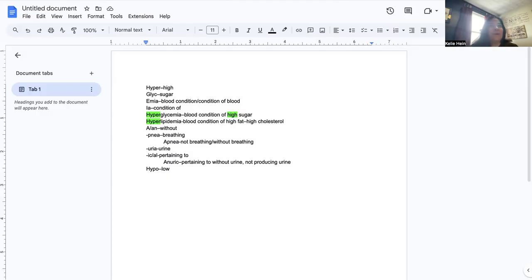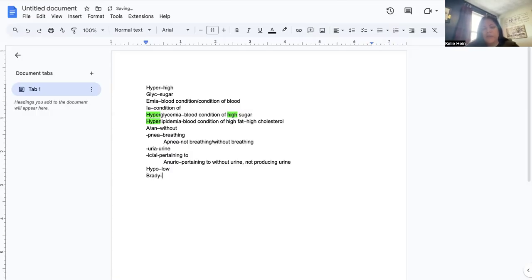So hyper, you give your kids high sugar, they have high energy, right? Hyper is high. Hypo and low rhymes, right? So hypo and low. And as I do this with you, I'm going to kind of stress these, okay? I'm going to say things like hyper or hypo because I want you to understand what it is that I'm saying, okay? So let's kind of stick with that high and low for a minute.